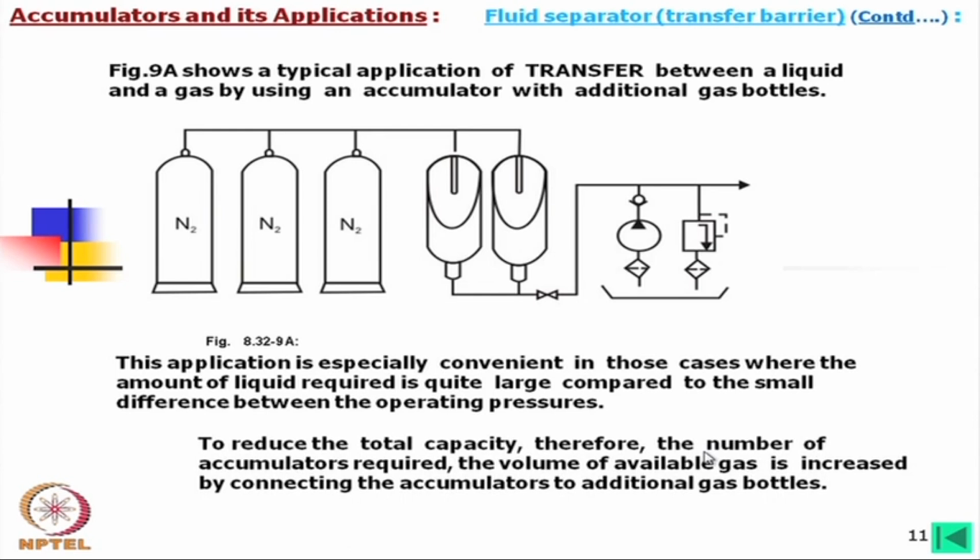To reduce the total capacity, and therefore the number of accumulators required, the volume of available gas is increased by connecting the accumulators to additional gas bottles. So, we can add more bottles, and by this we can reduce the number of accumulators.